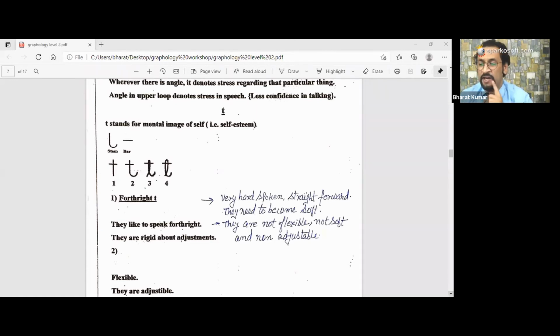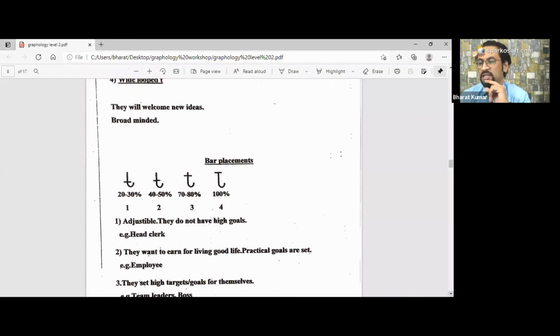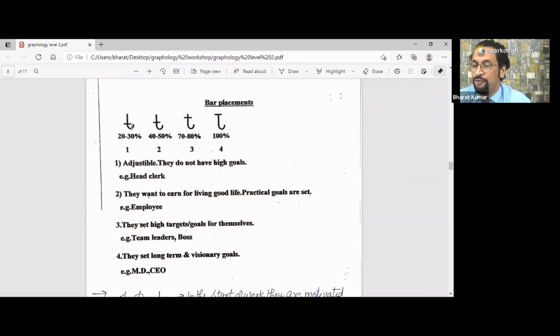Now I will tell you about different types of bar position in the T's. Check this bar. In first case, bar is 20 to 30% height from the lower point. In second case, bar is 40 to 50% of the lower point.